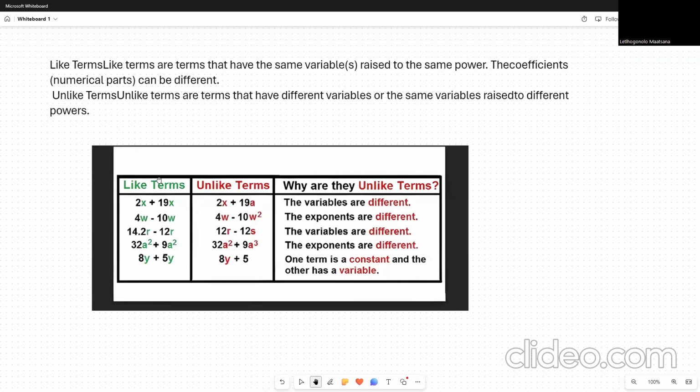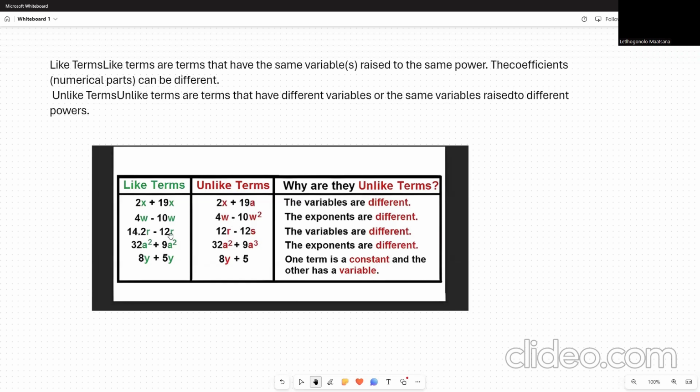So let's look at the examples here. These two are like terms because they have the same variable to the same power. These two are unlike terms because they have different variables. These two are like terms because they have the same variable to the same power, but these two are unlike terms because they might have the same variable, but they have different powers.